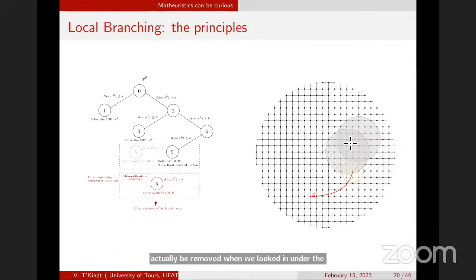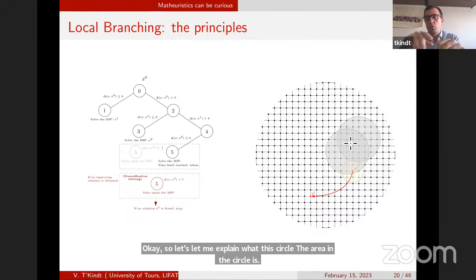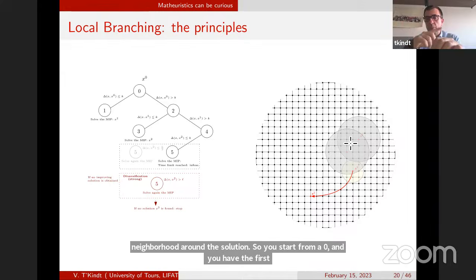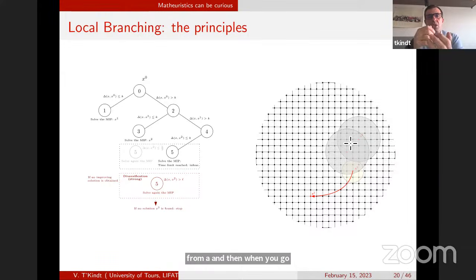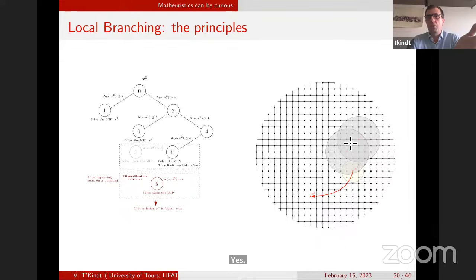Okay, so let me explain. The area in the circle is the neighborhood around the solution. So you start from S0 and you have the first gray circle, which is the neighborhood of S0. Then when you go to node 2, you say delta of x0 must be greater than k. So you say, I don't consider the solutions which are in the neighborhood of S0.